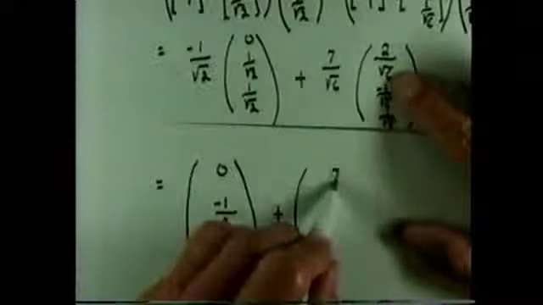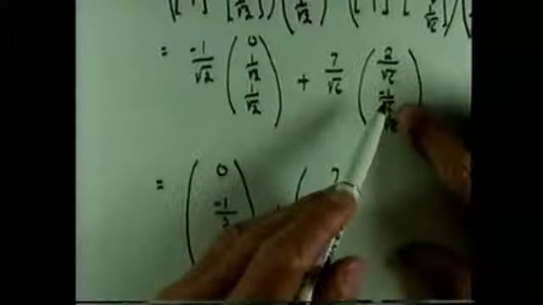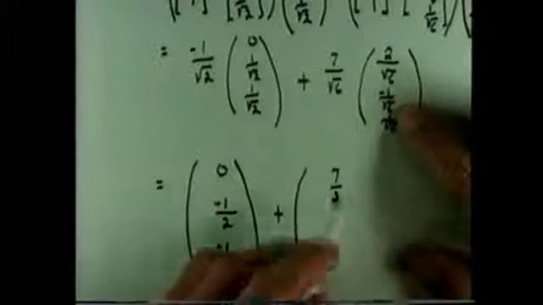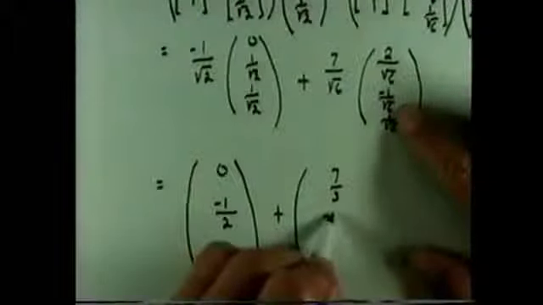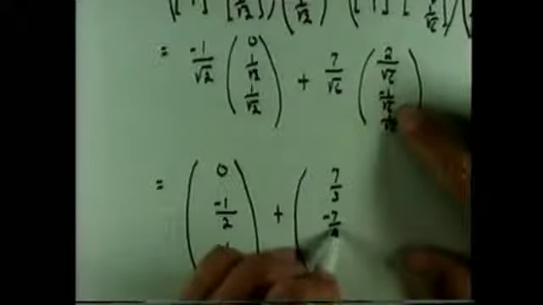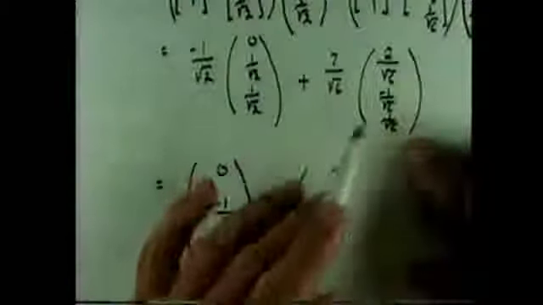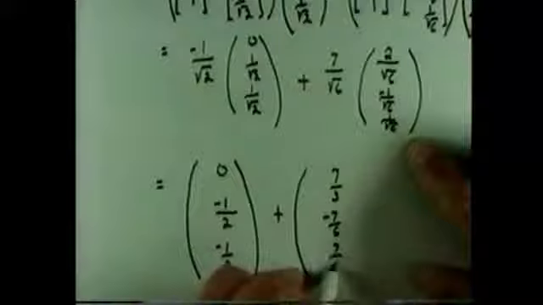The square root of 6 times the square root of 6 is 6, so it'll be 14 over 6, so that'd be 7 thirds. This is going to be a negative 7 sixths, and that's going to be a positive 7 sixths.